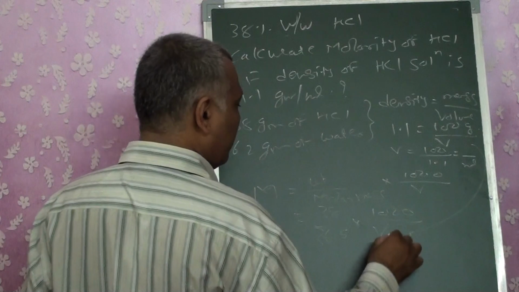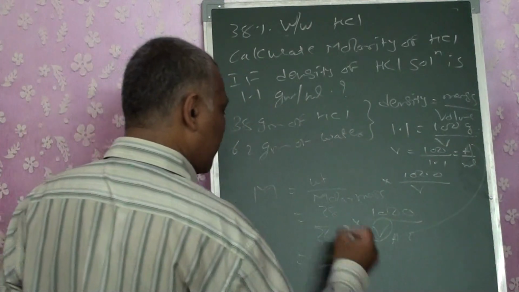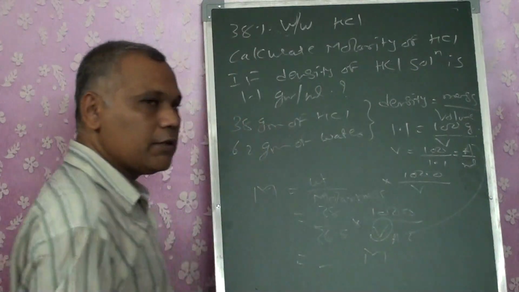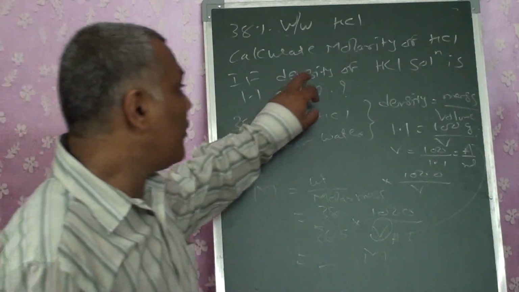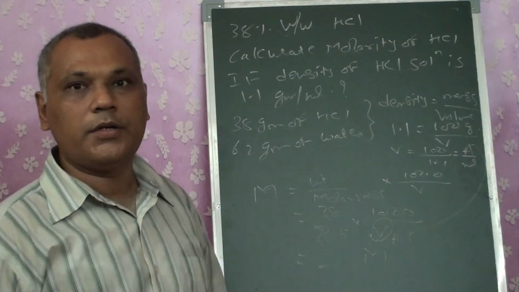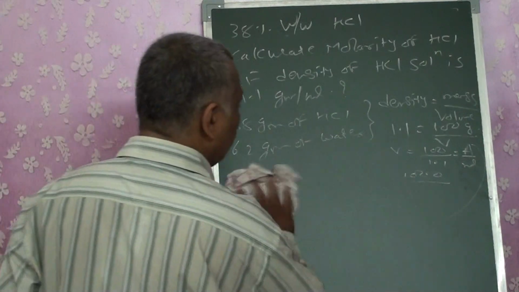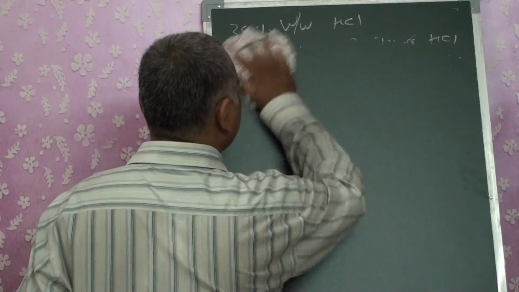V here we already got as the volume. Substitute it and you will get the answer. So if density is given to me and molarity is asked, we can calculate it in this way. Okay, next sum we'll see for mole fraction.